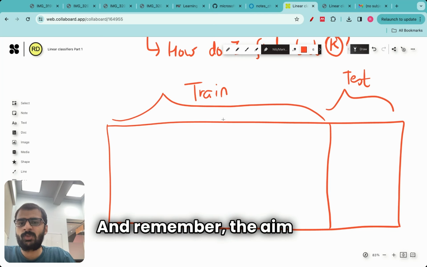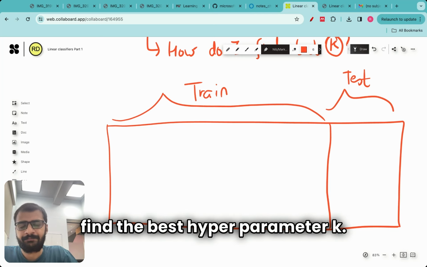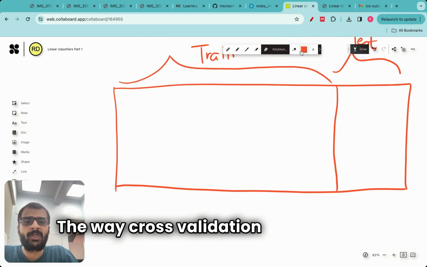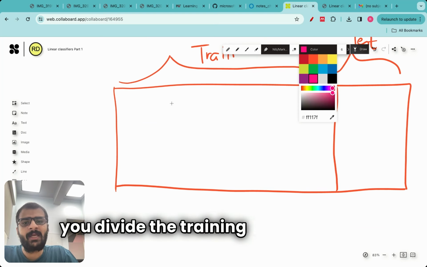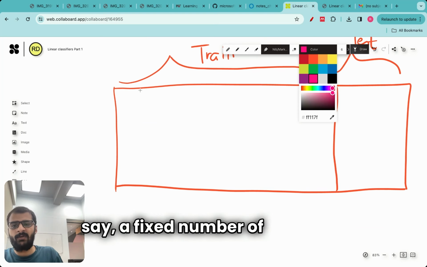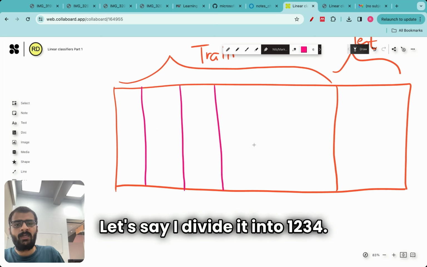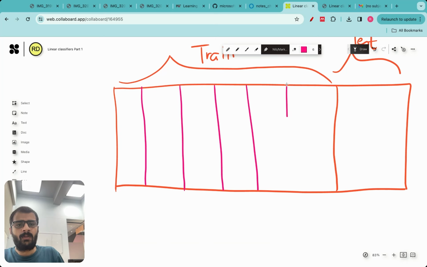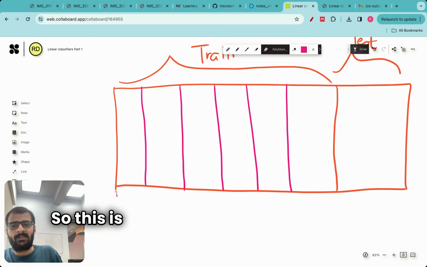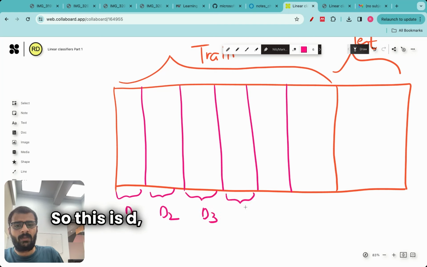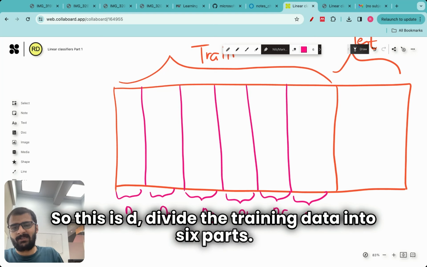And remember, the aim is to find the best hyperparameter k. The way cross validation works is that you divide the training data into a fixed number of divisions. Let's say I divide it into D1, D2, D3, D4, D5, and D6. I divide the training data into six parts.